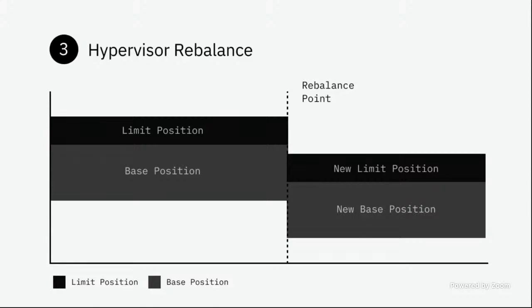Basically, the base position puts in as much of both tokens as it can, and then there's typically one of the two tokens left over, and that is placed in a limit position.